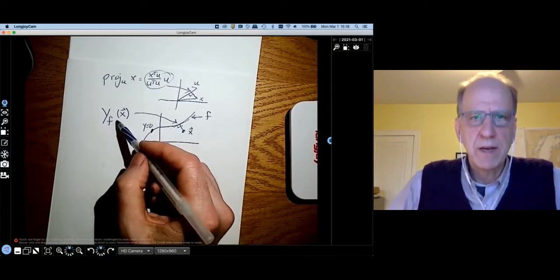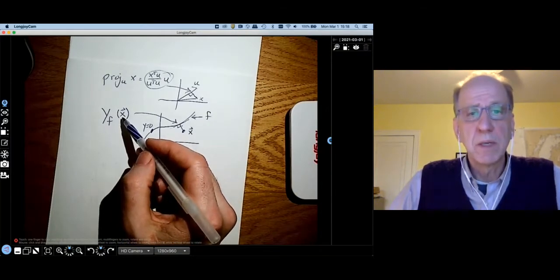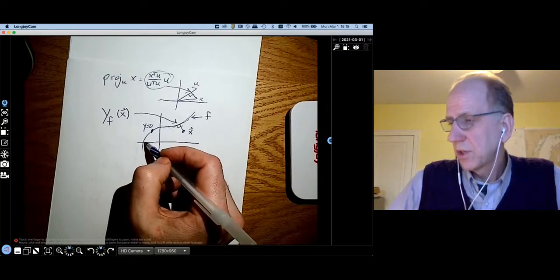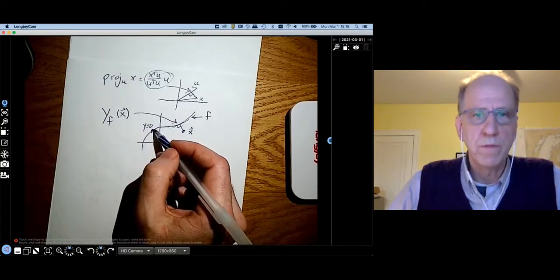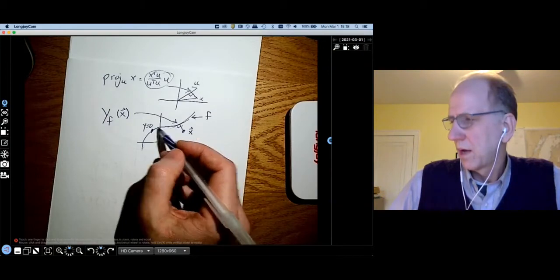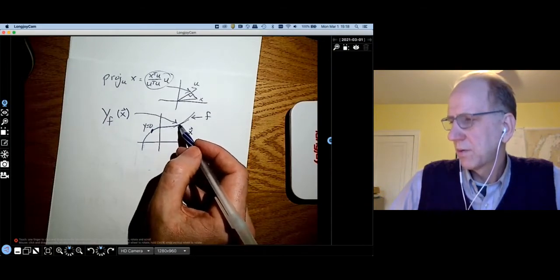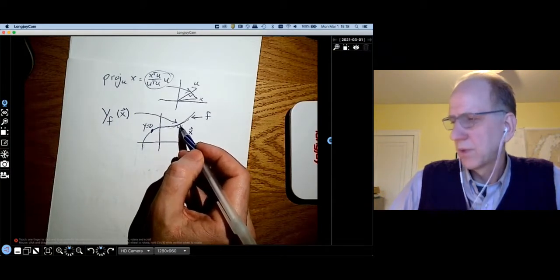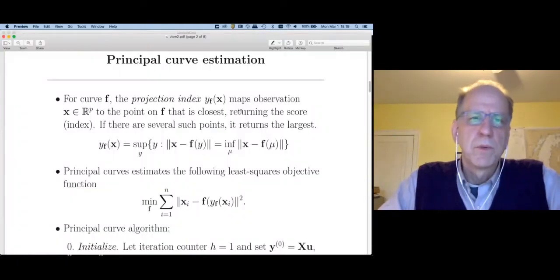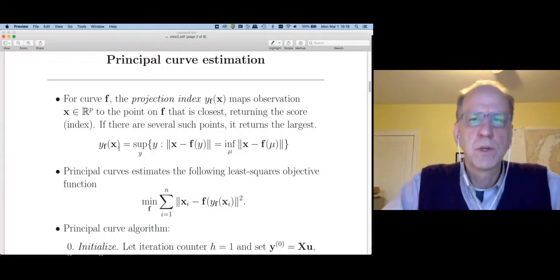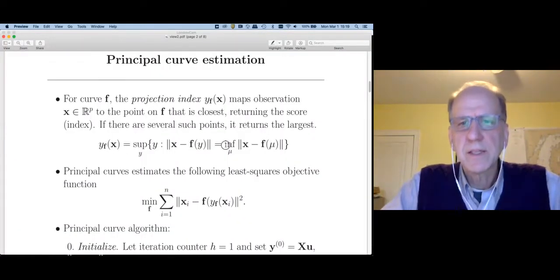So y sub f at x is going to give me the position on the curve, so the score, if you will. So this is going to be the position where I am closest to the f. So with that intuition in mind, let's go look at the formula. I think it's easiest to start here.